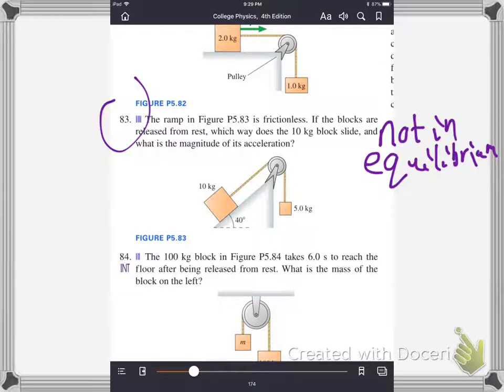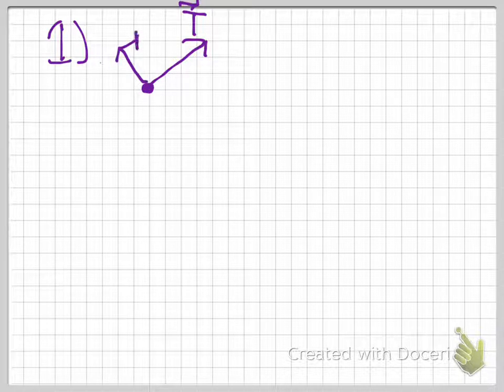So to be consistent here, I'm going to label this 1 and this 2. The very first thing I want to do is draw my free body diagrams. So for block 1, we have the upward tension force, which I'm just going to call T. Then we have the normal force, which is going to be like this.